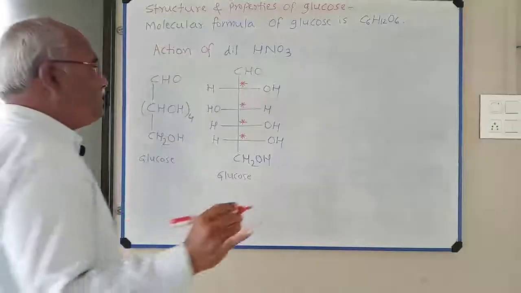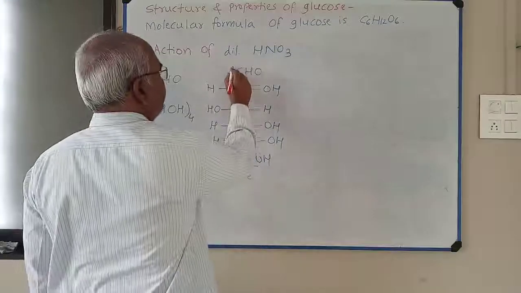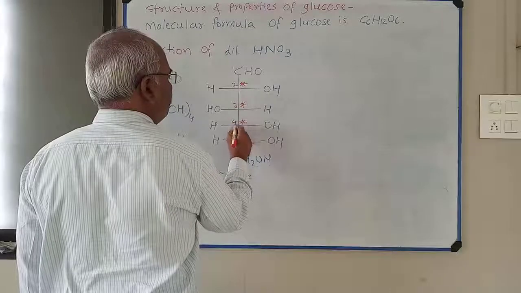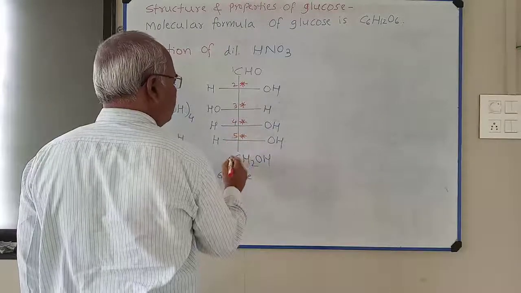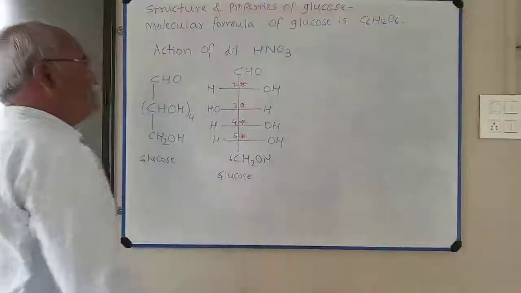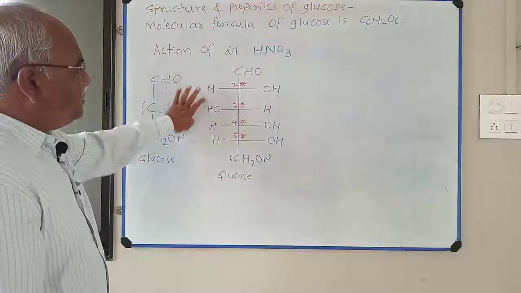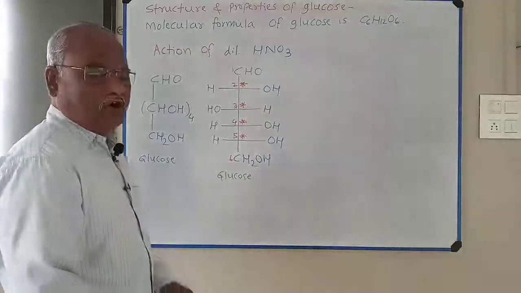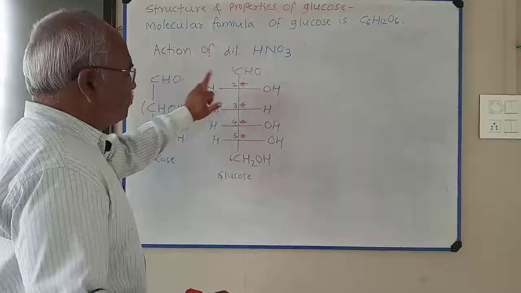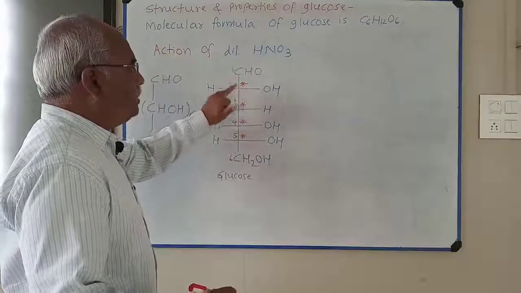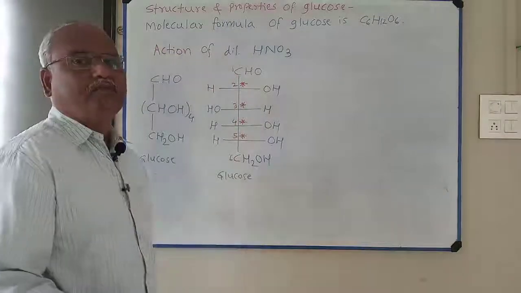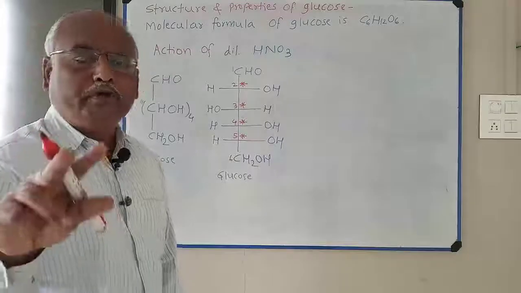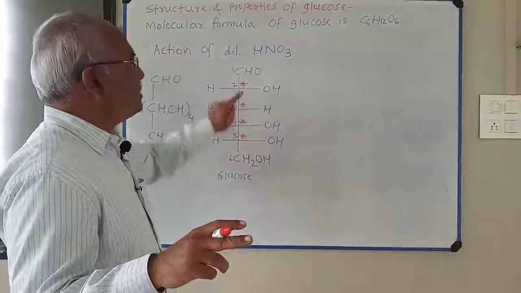These carbon atoms are numbered like this: 1, 2, 3, 4, 5 and 6. This is the open chain structure of glucose. In glucose 4 asymmetric carbon atoms are present. There are 2 configurations for each carbon atom.